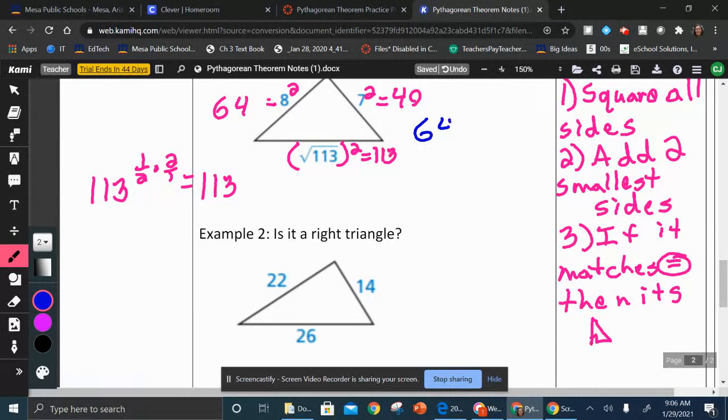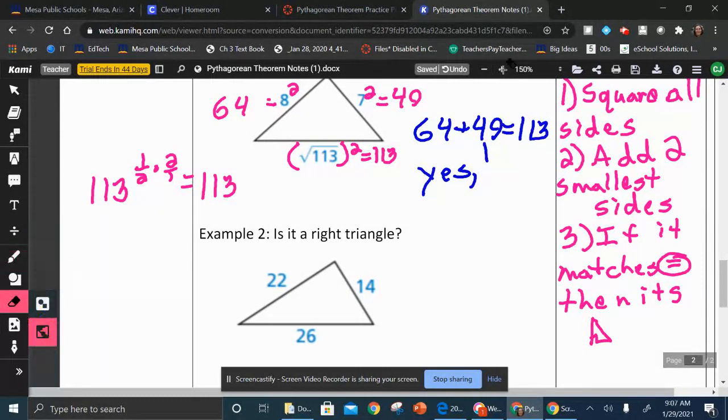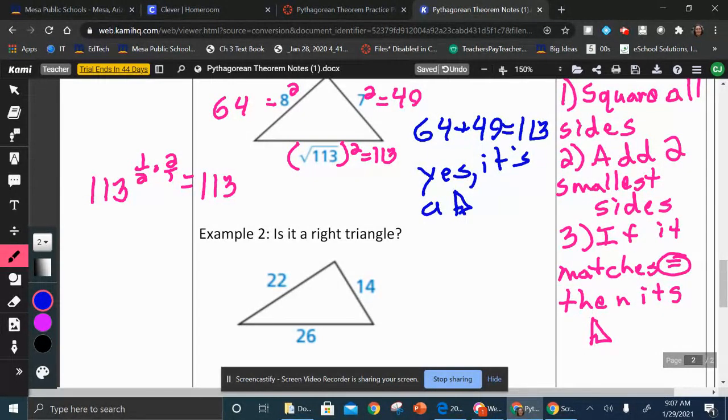So 64 plus 49, is that equal? Yes. So it is a right triangle. They are a match.